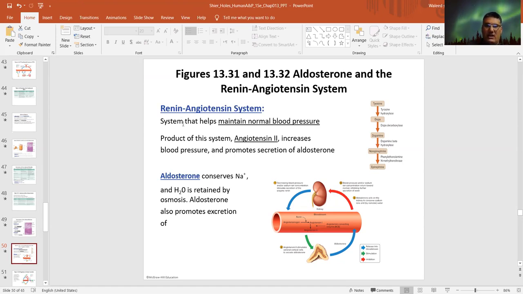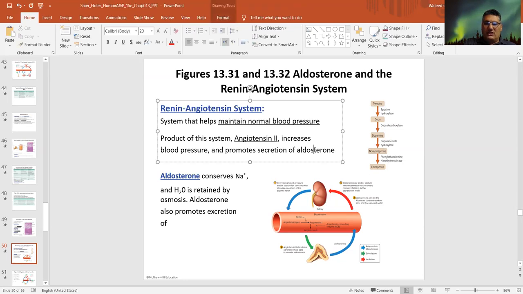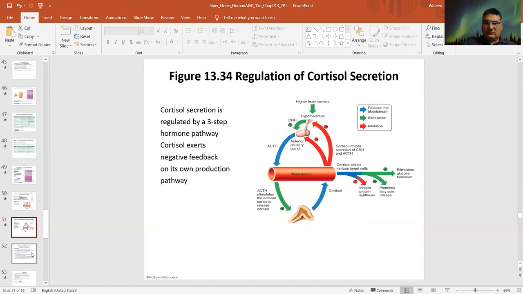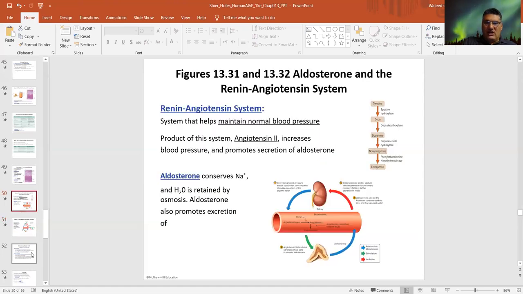Renin activates angiotensinogen, which will stimulate angiotensin. That's why we call it renin-angiotensin. Angiotensin 1 will become angiotensin 2, and this angiotensin 2 is going to promote the secretion of aldosterone that we already mentioned, plus increased secretion of ADH. So this is renin.